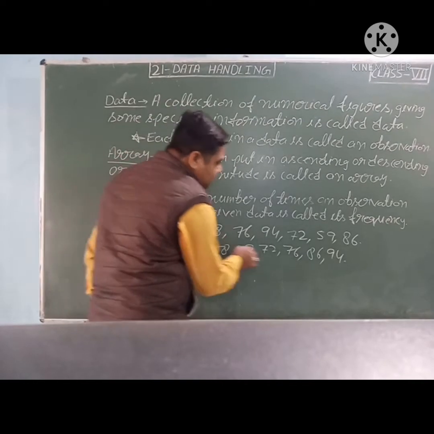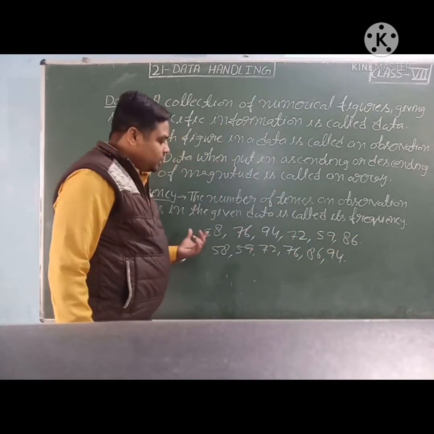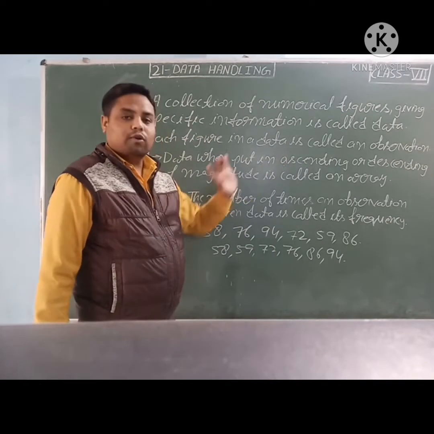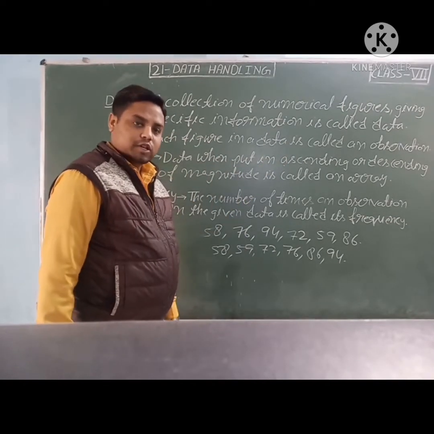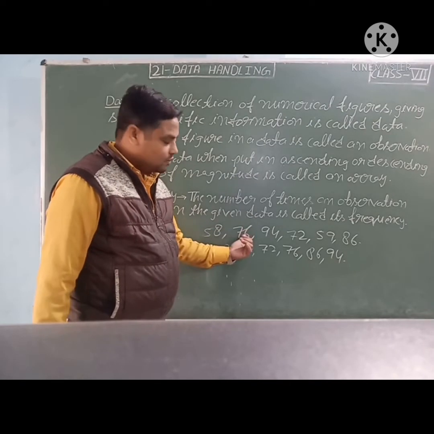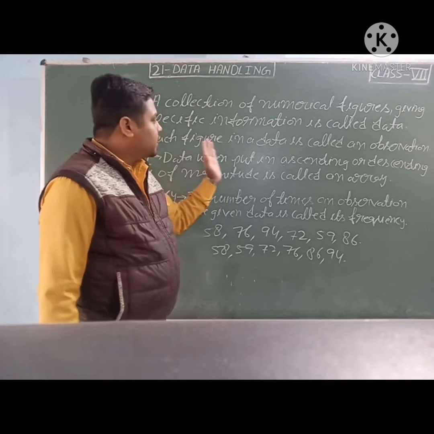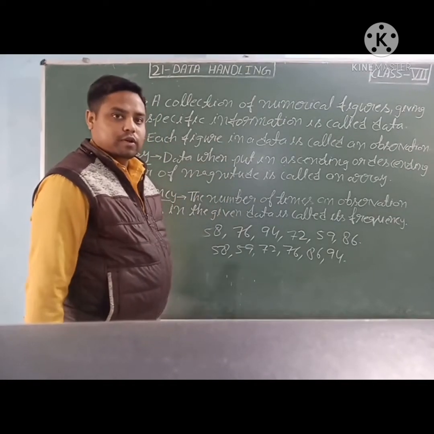So data is this, so 58, 76, 94, each figure in a data is called an observation. Means 58 is an observation, 76 is also an observation.